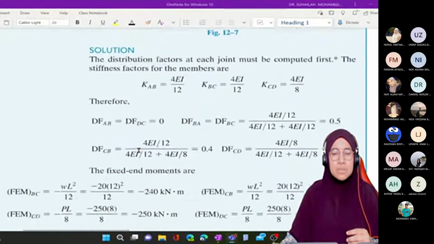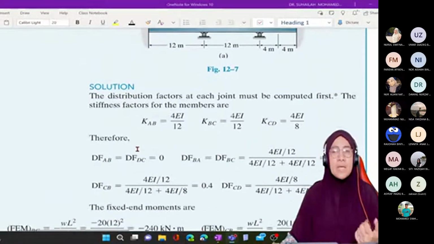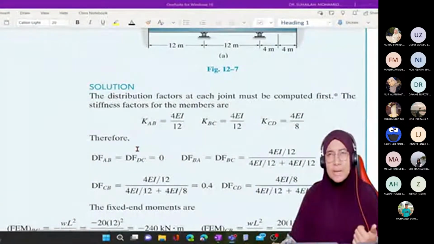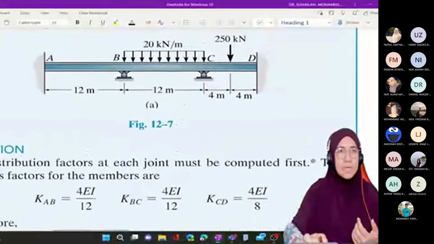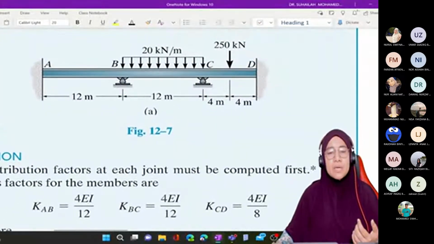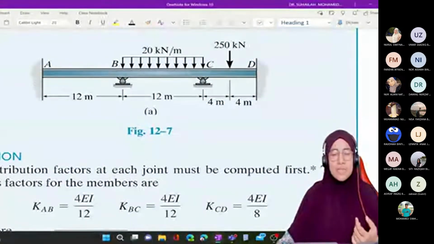Okay, step number one, of course, we have to calculate the stiffness factor K. We have to calculate stiffness for each element. For example, if we have three members, AB, BC, and CD, we will have 3K: one for AB, one for BC, and one for CD.